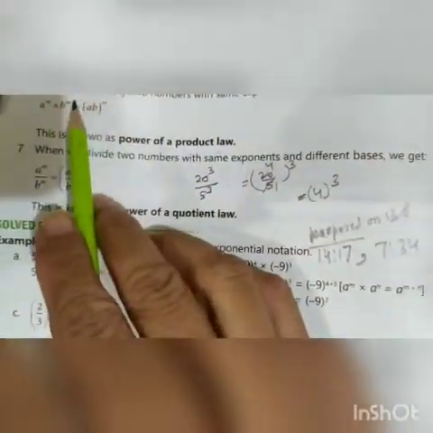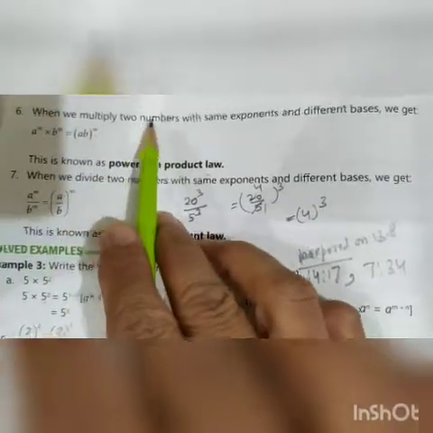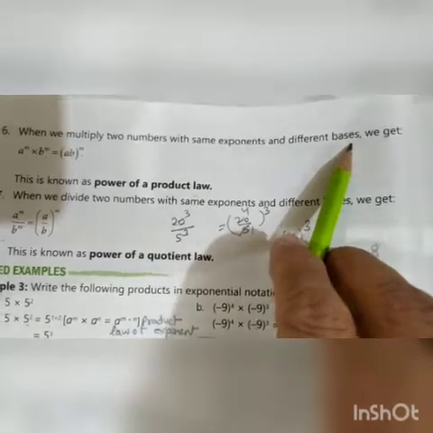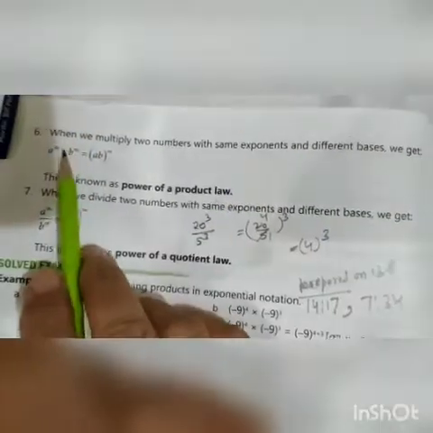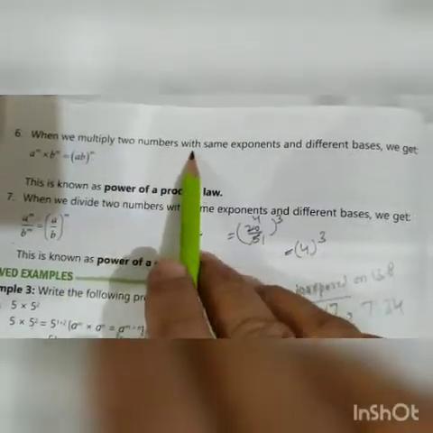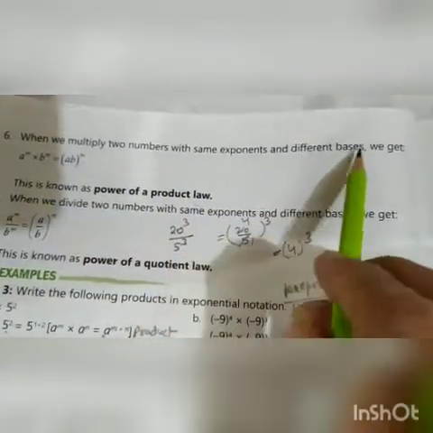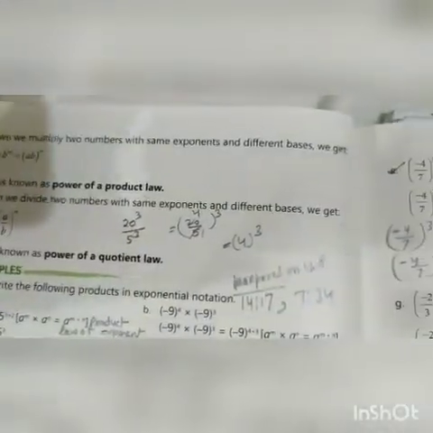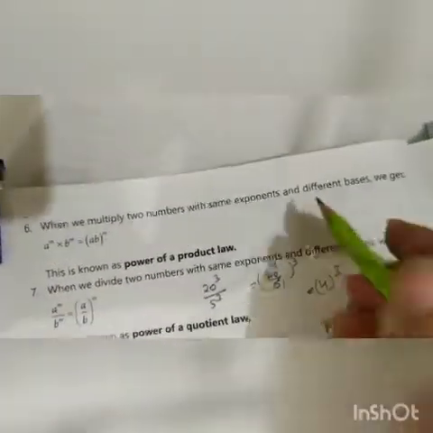6th rule. When we multiply two numbers with the same exponent and different bases. See again. When we multiply two numbers with the same exponent and different bases, this time we are multiplying two numbers with different bases.